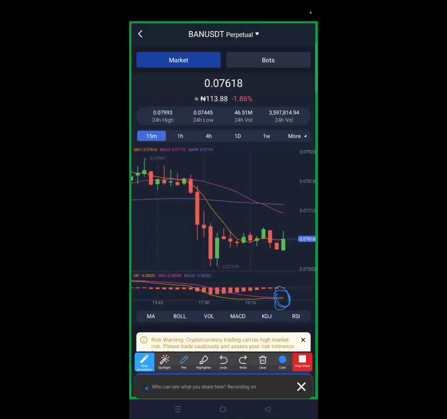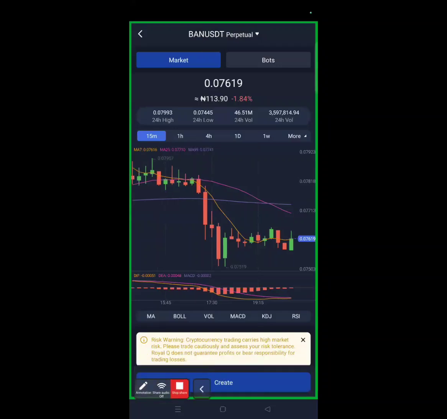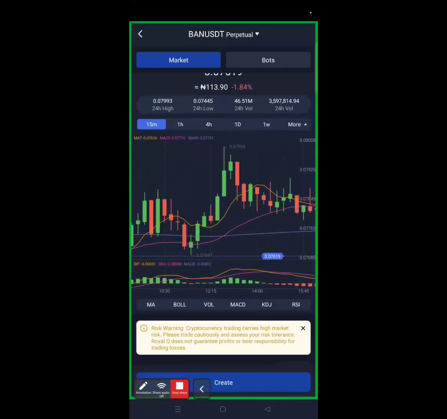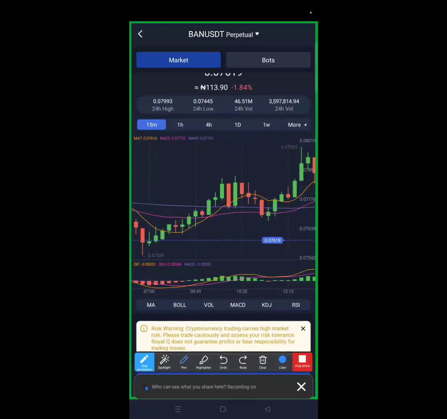If you also notice, whenever a golden cross happens, the market is mostly bullish. Let's check past data. You see from here, this is a golden cross. This exactly is a golden cross.